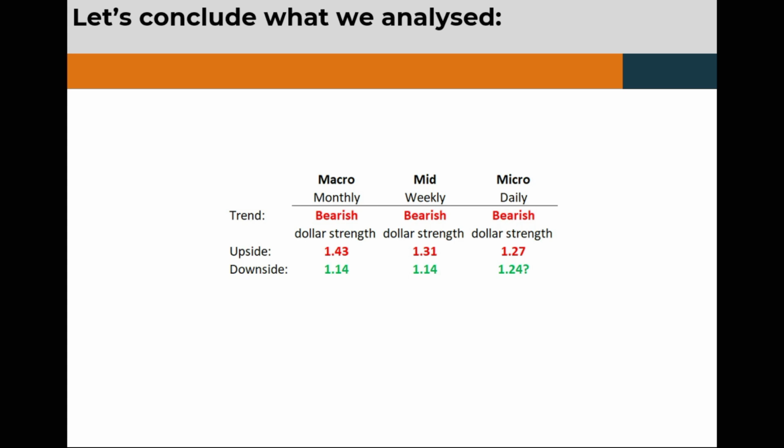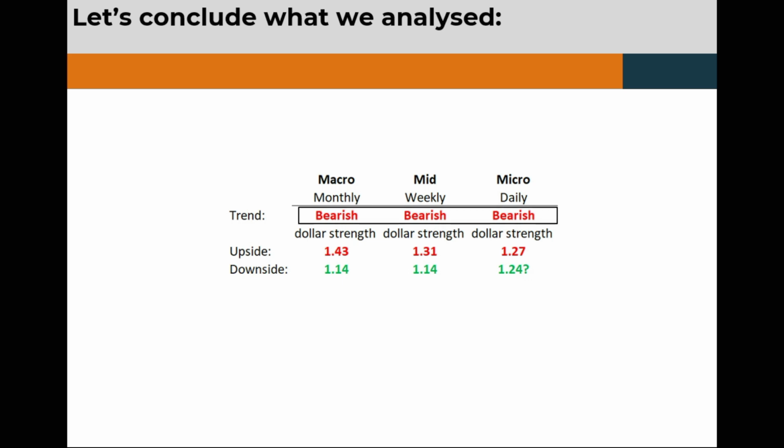Now let's conclude what we've analyzed so far. Concentrating on my macro setup being my monthly, my mid being my weekly, and my micro being my daily time frames. So the trend direction, as you could recall from the previous slides, it's all a bearish setup. That's indicating dollar strength.